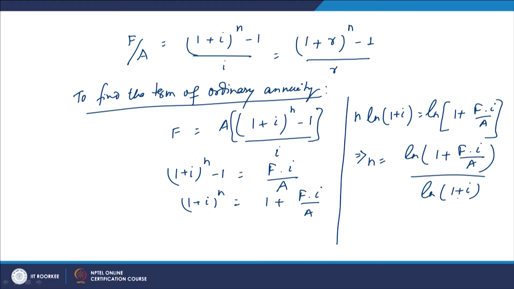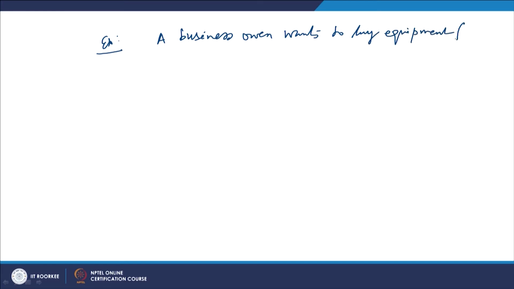There may be questions based on such kinds of annuities, and you can find the solution, like this one: a business owner wants to buy equipment for rupees 60,000, and he can save rupees 500 a week for the future purchase.